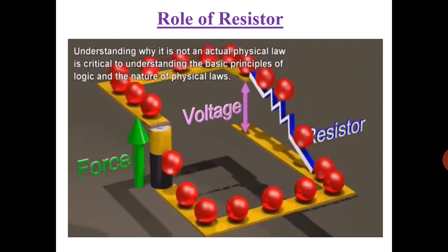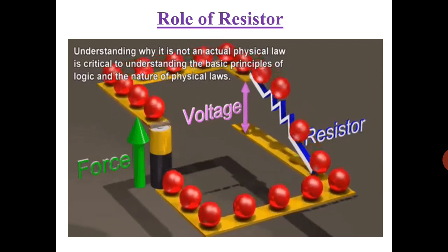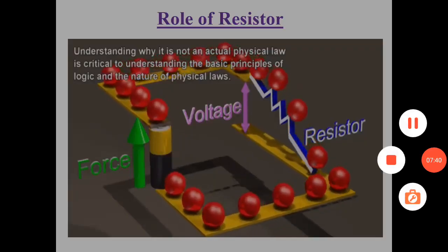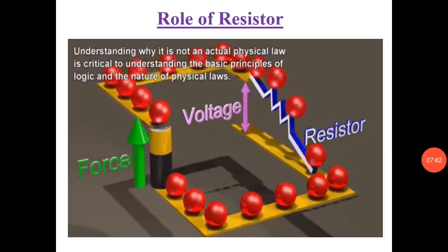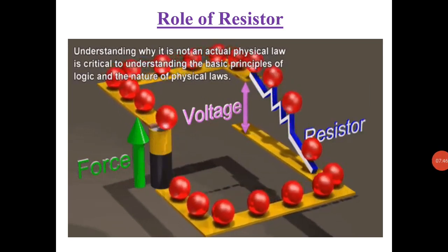Yes. When the supply is given, the flow of charges is initiated to the maximum extent without any restriction. The red color ball, that is an electron, is freely flowing.